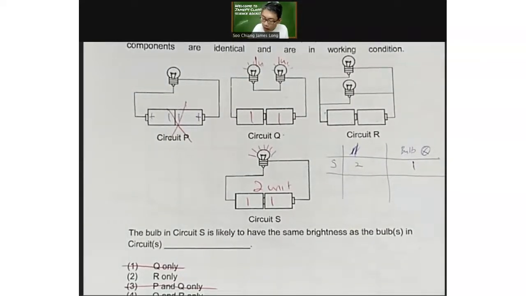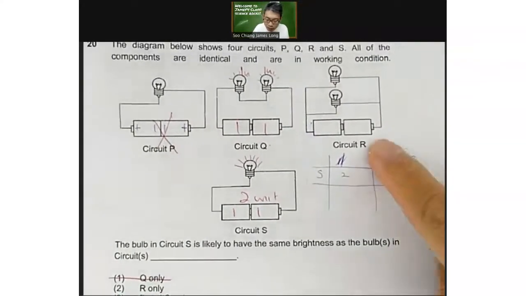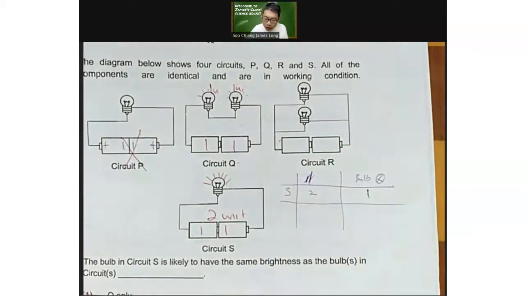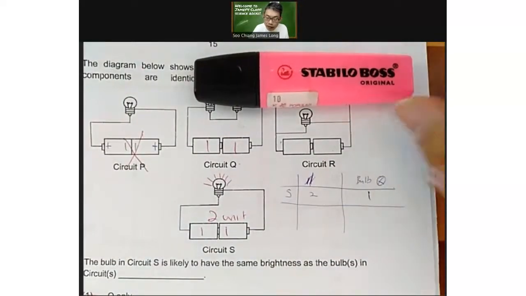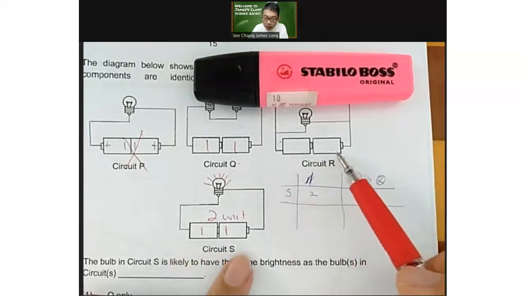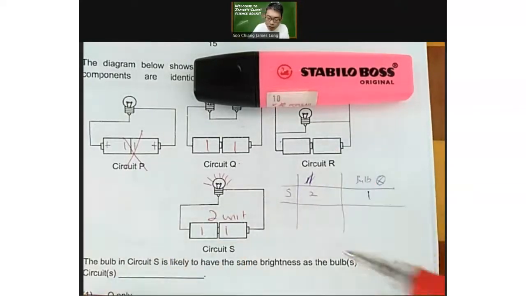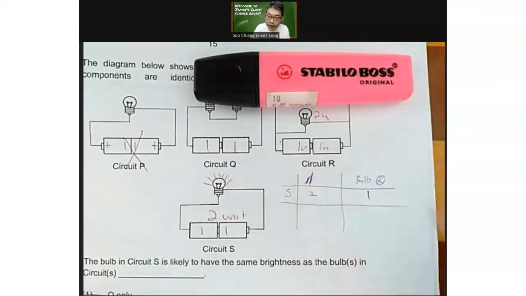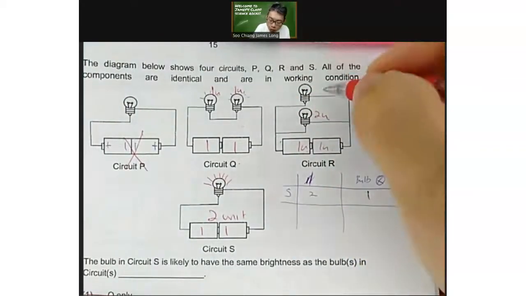Now next one, I'm left with this, right? Now this is in parallel, so I'm going to just cover part of it. Now does this part of the circuit look exactly like this? Battery arranged correctly, 1 bulb. So if there are 2 units of brightness here, this also has 2 units of brightness. How about this bulb? Also 2 units of brightness.